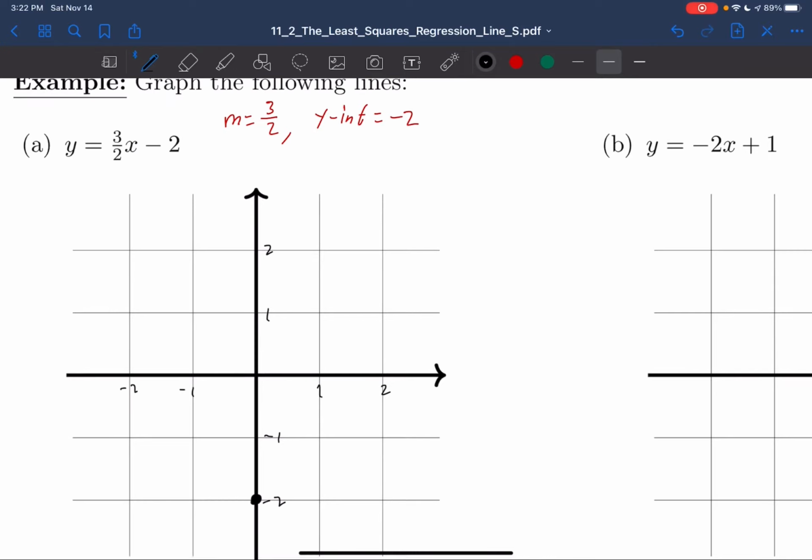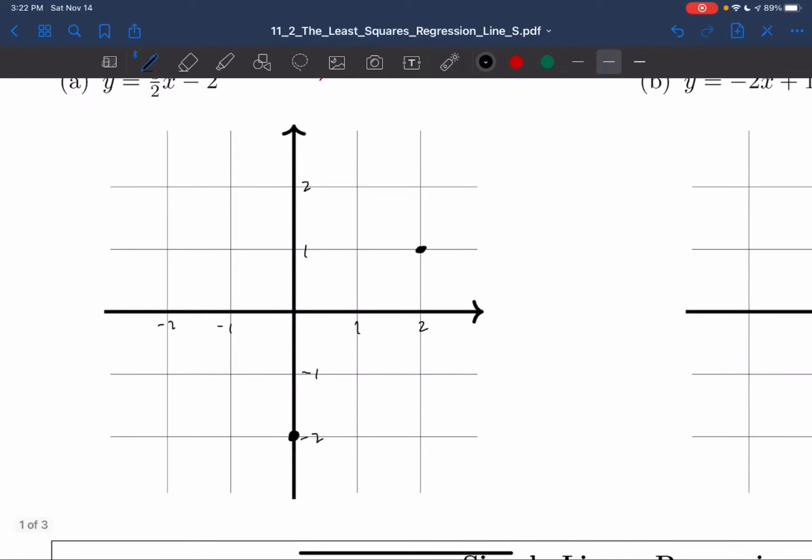Since your slope is 3 over 2, which is equal to rise over run, we go up 3 and to the right 2. So you go 1, 2, 3, and then 1, 2. This will be another point of the line. Since you already have 2 points, you could connect them, and that will be the line of that equation.